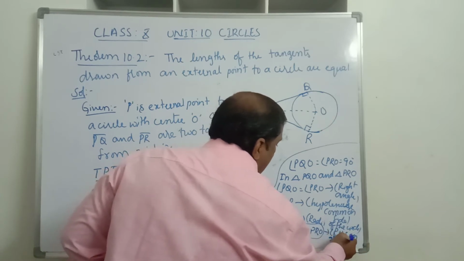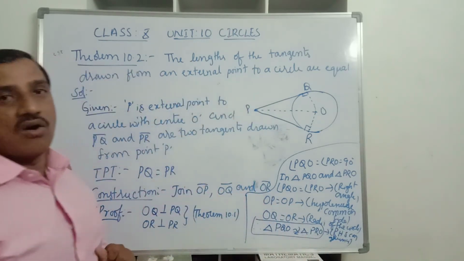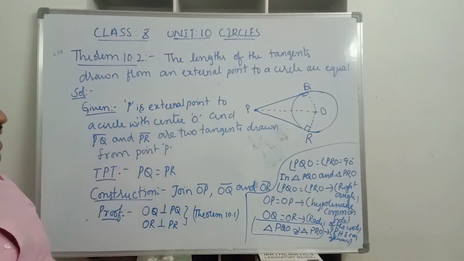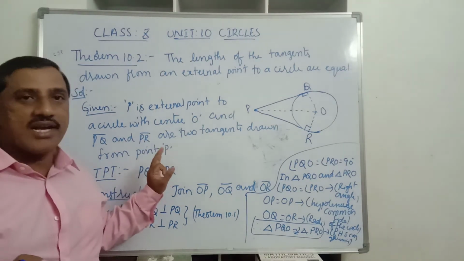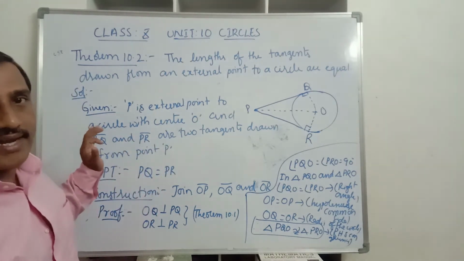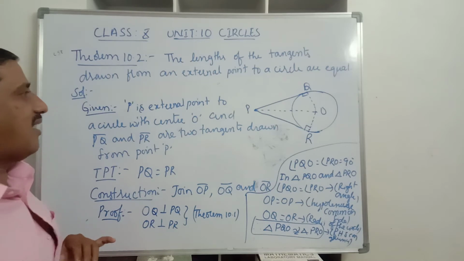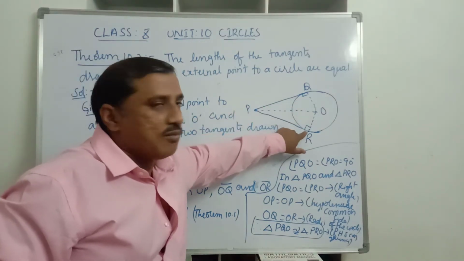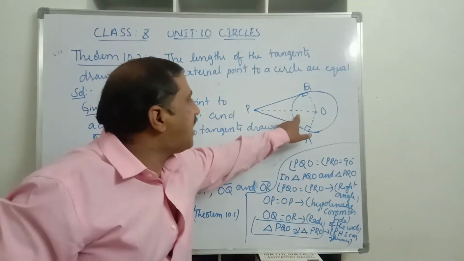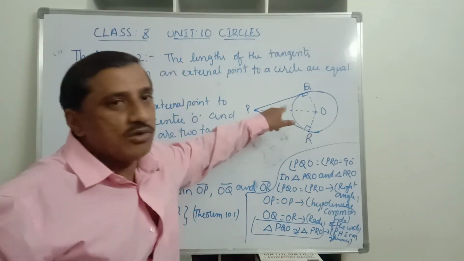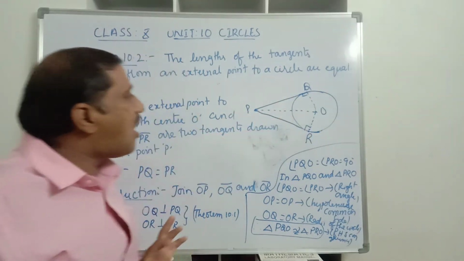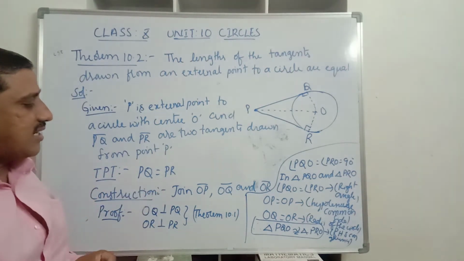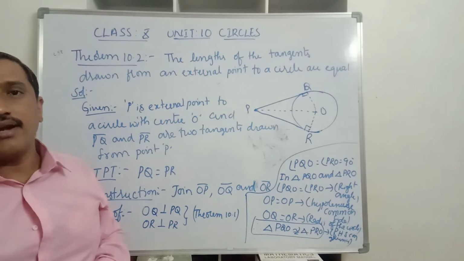How do we prove these two triangles are congruent? By using the congruency property of right angle triangles, the RHS congruency property. Angle Q and angle R are both 90 degrees. OP is the hypotenuse and the common side for both triangles. OQ and OR are the radii and they are equal. Therefore, by RHS congruency, the two triangles are congruent.